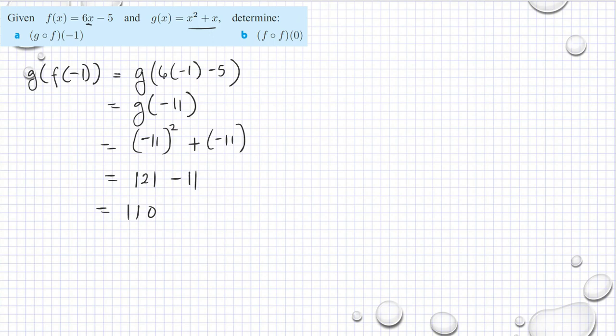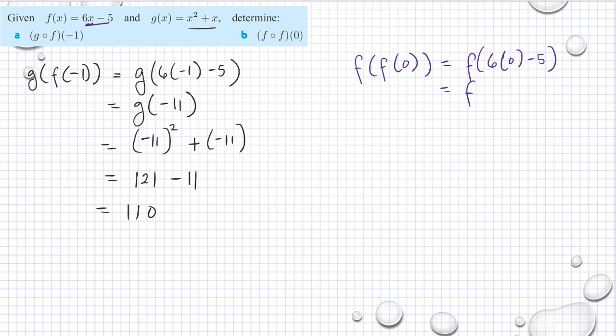The next one is our b. We have f of g of 0. So our g of 0, we have 6 times 0 minus 5.